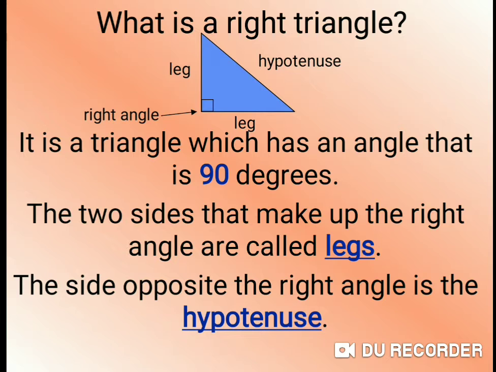The side opposite to the right angle is the hypotenuse. So in our figure, this is our hypotenuse and these are two perpendicular sides of the triangle. So this is all about right angle triangles.